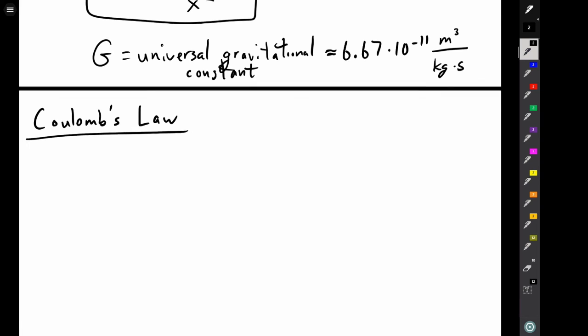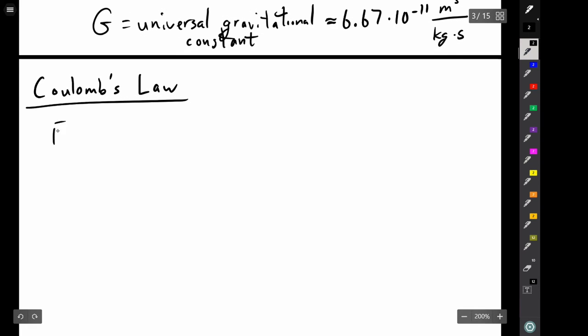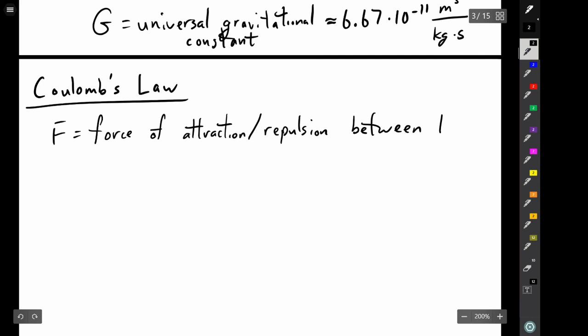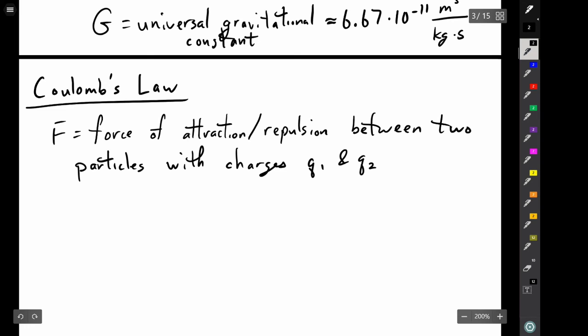So here, F is again the force of attraction, but in this case it might also be repulsion between two particles with charges Q1 and Q2, right?